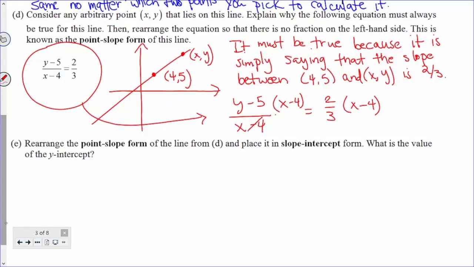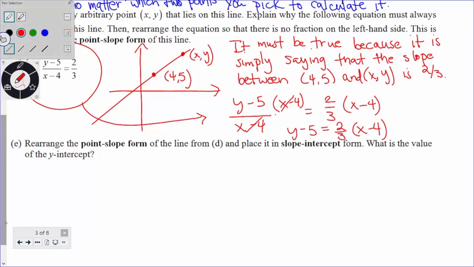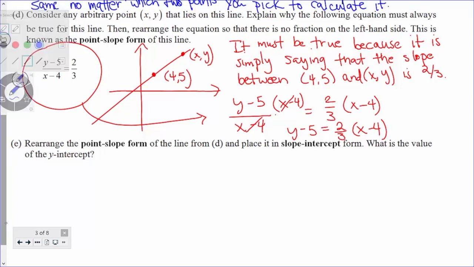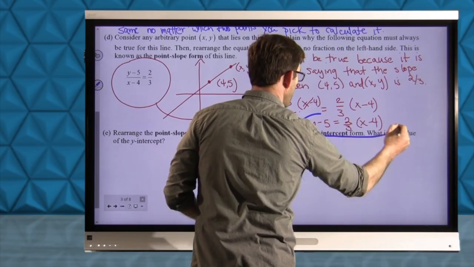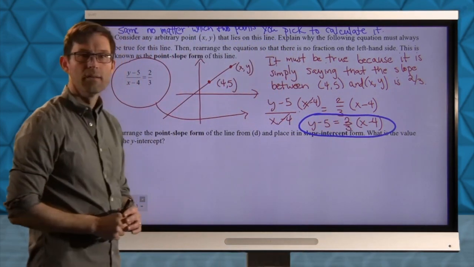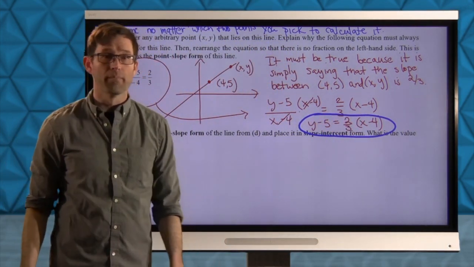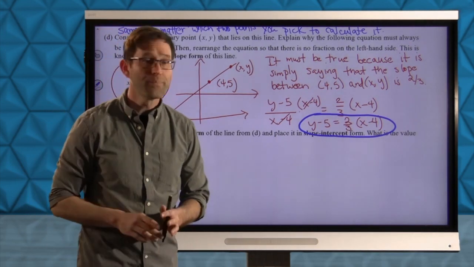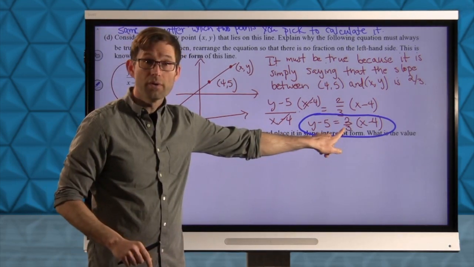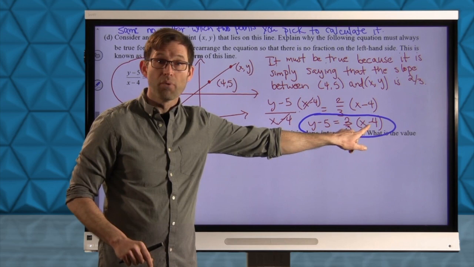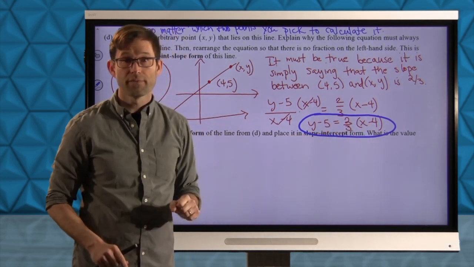So since I'm dividing by x minus 4, I just multiply by x minus 4 on both sides, and I get the following. y minus 5 equals 2/3 times x minus 4. Let me circle that, because that is known as the point-slope form of this line. Why? Because you can see the slope, 2/3, and you can see a point, 4, 5.